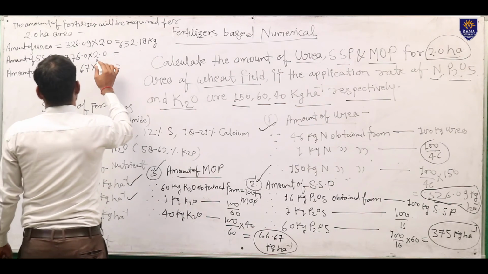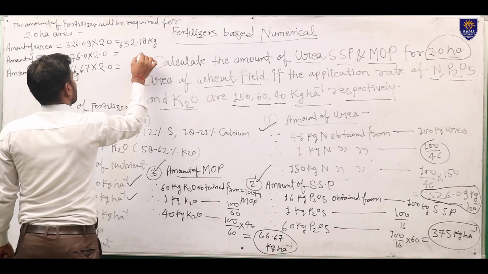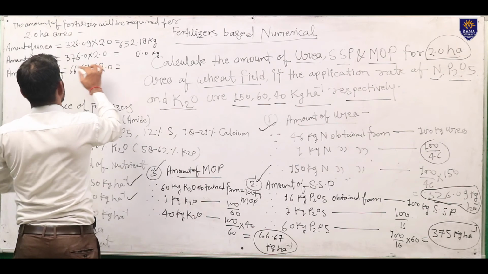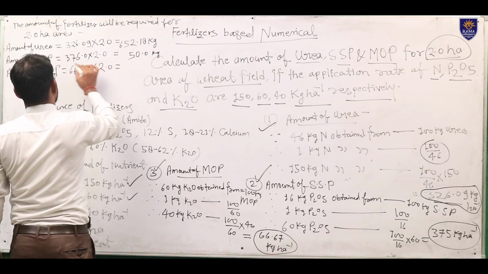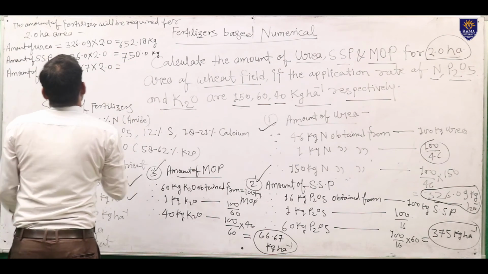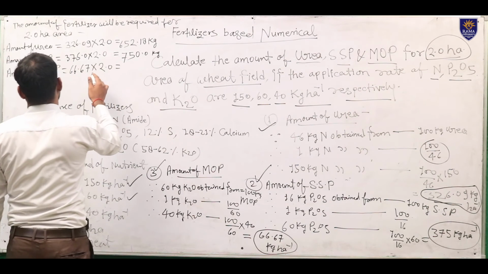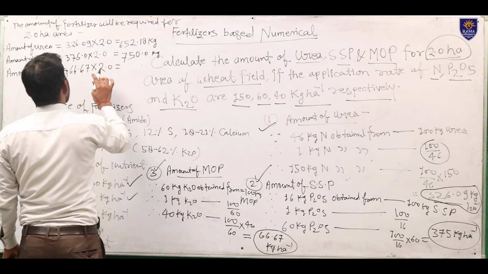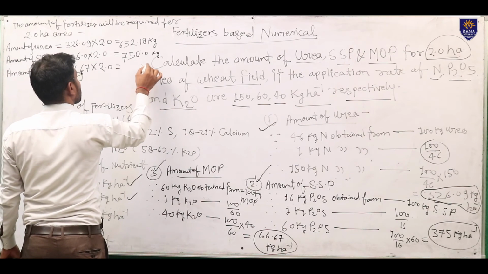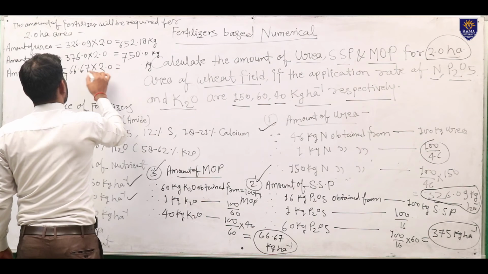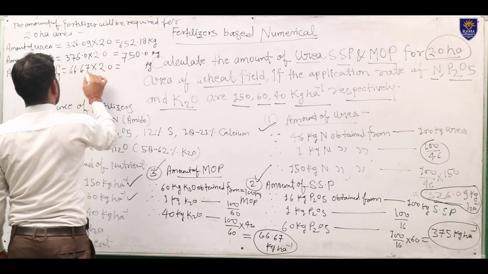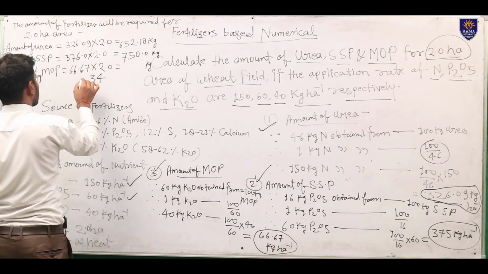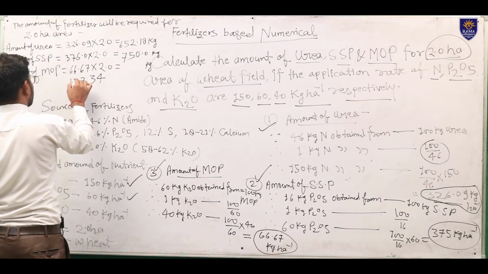And similarly single superphosphate is also multiplied, and the muriate of potash is also multiplied, and the amount in kg comes out as follows.